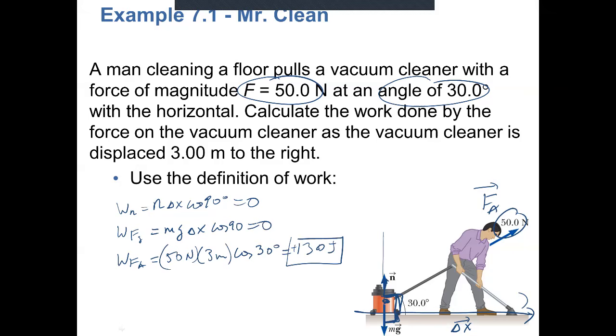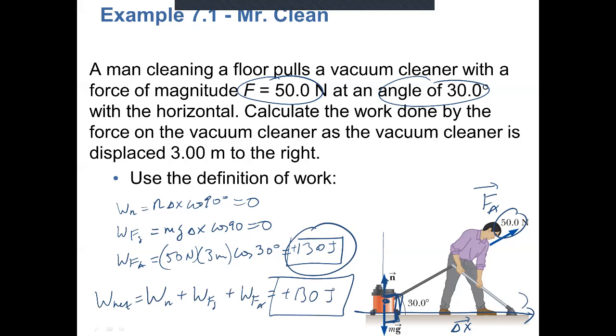It means if you push or pull the vacuum cleaner 3 meters by applying 50 newtons at an angle of 30 degrees, you transfer 130 joules. The net is the work done by the normal force plus the work done by the gravitational force plus the work done by this applied force, and I only get a net of 130 joules. Since it's positive, that means the system gained 130, because there's a positive work done on the system.